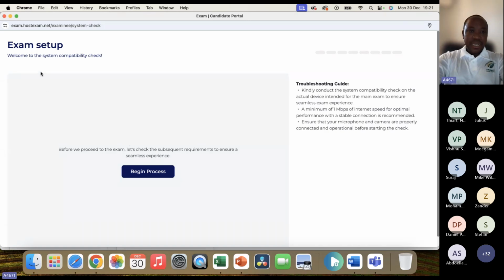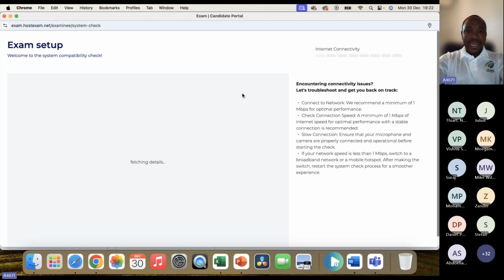Next screen tells us that before we proceed to the exam, let's check the system requirements to ensure a seamless experience. Okay, so click on Begin Process, and there is a troubleshooting guide here if you do have any problems with the system requirements testing process that I'm about to begin.